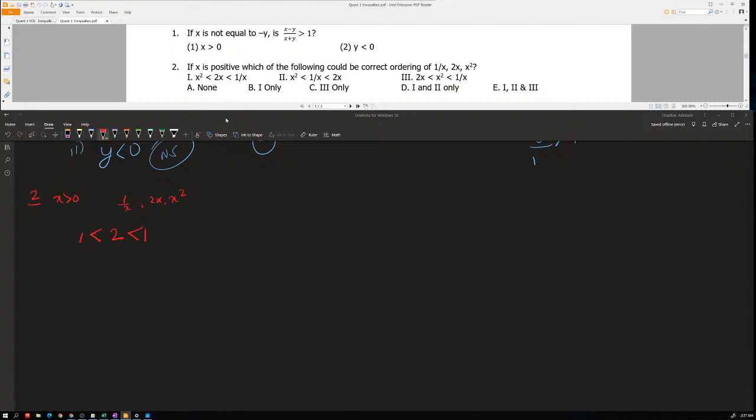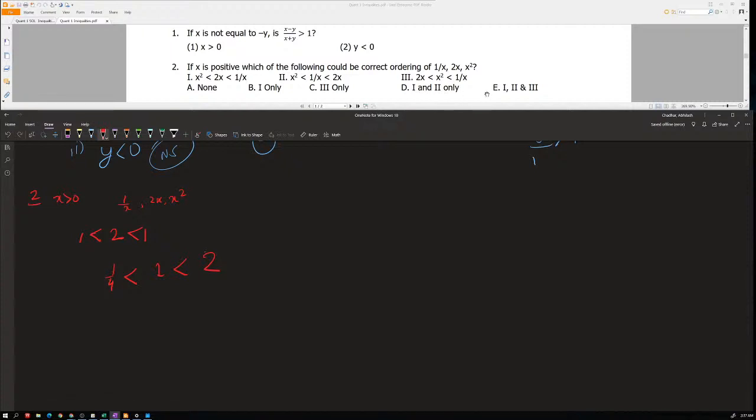So let's take x equal to 1 by 2. In that case it will become 1 by 4 is less than 1 is less than 2, right? So 1 by 2 is one value where at least the first one holds.